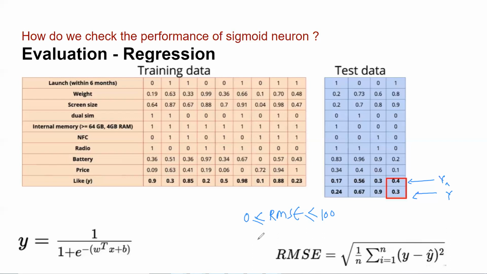So if RMSE says 10, it means we got a good model. Let me do one correction here. It need not be between 0 and 100. Definitely it will always be greater than or equal to 0, but the upper cap is not defined.